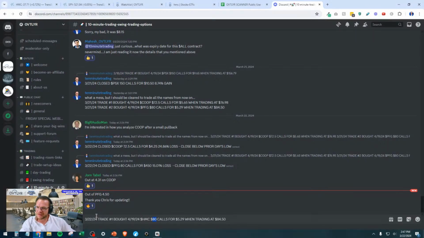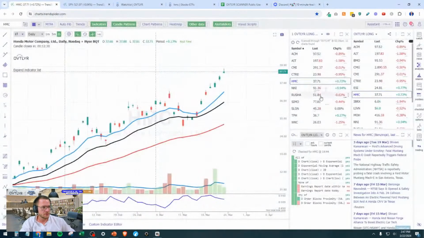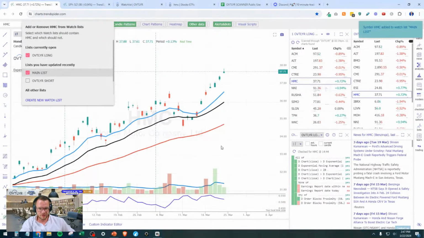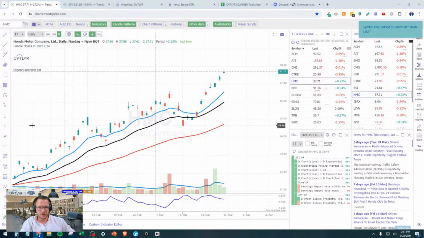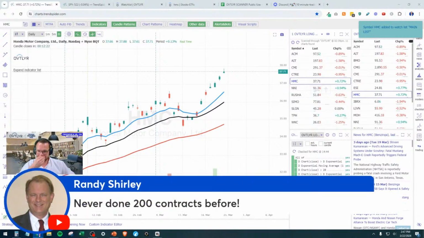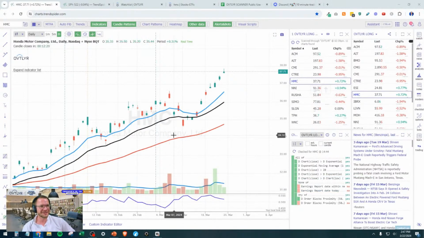This was 35 calls for 273. It's currently trading at 37.71. Okay, I'm going to add this to my main list. We'll come back and mark up the chart in a minute. We got time. We're in no rush. He's never done 200 contracts before. There's a first for everything, my friend.